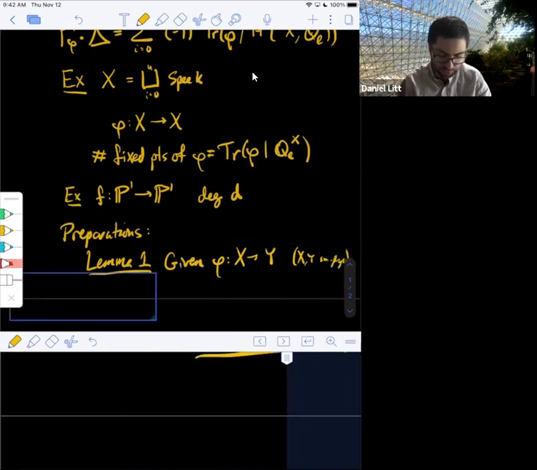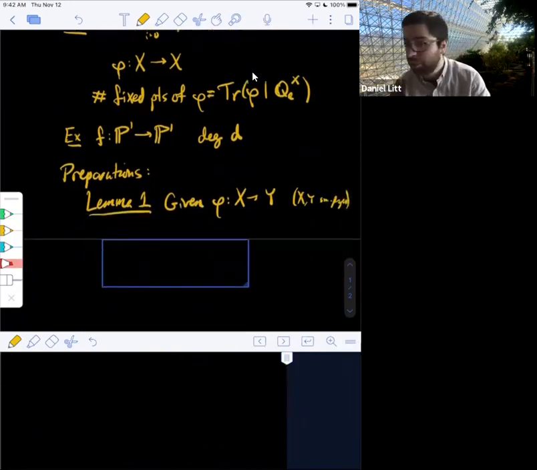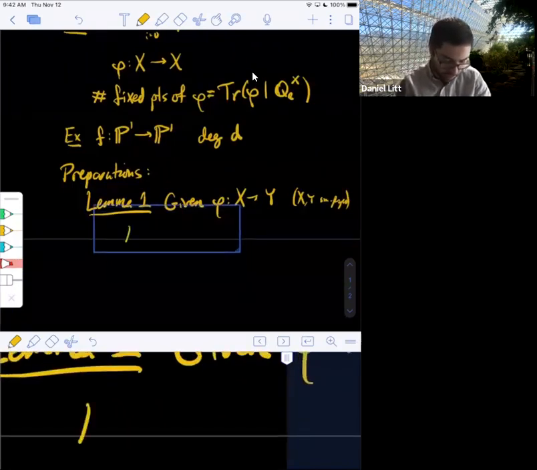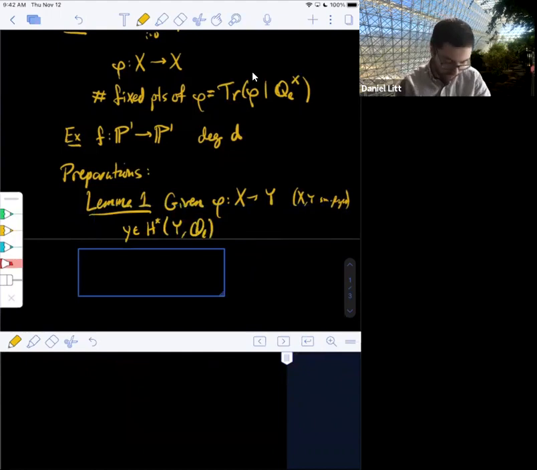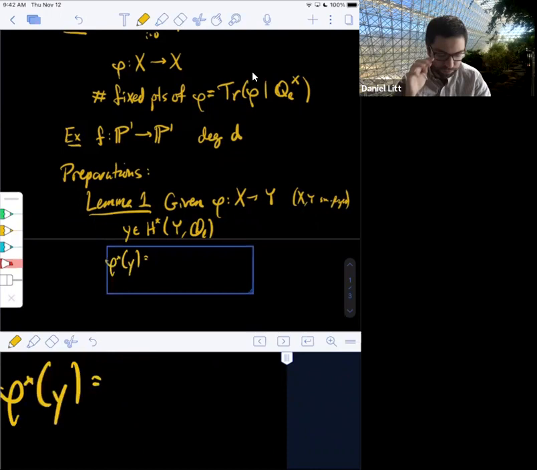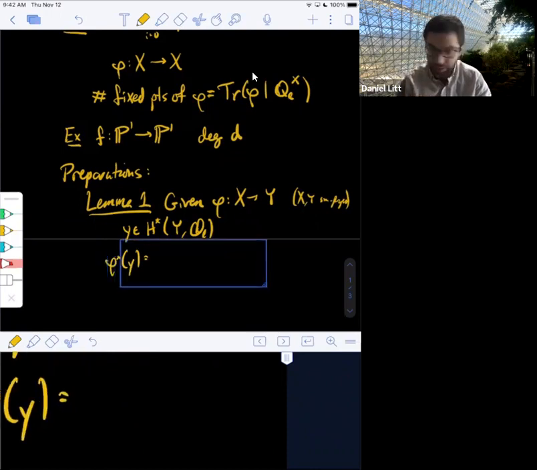Although you can rephrase this in terms of compactly supported cohomology, and then it will be true in more generality than that. And given y in the cohomology of y, then we could write the pullback of y through phi as sort of cupping with a cycle class.